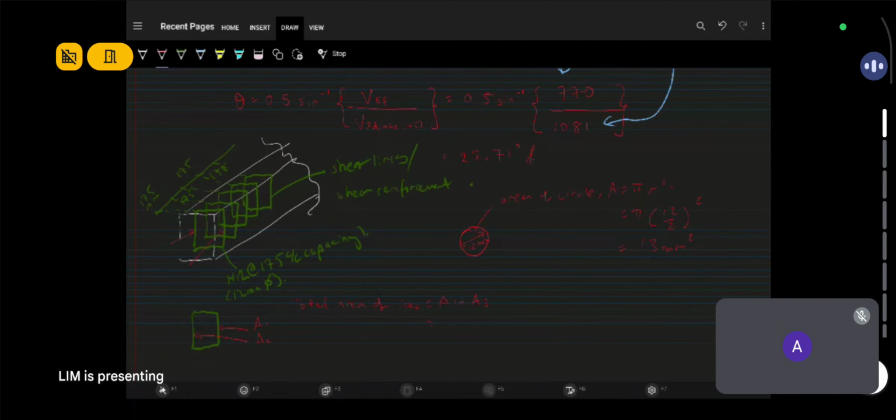That means A1 is 113 and A2 is 113, so the total area is 113 plus 113, which is 226.